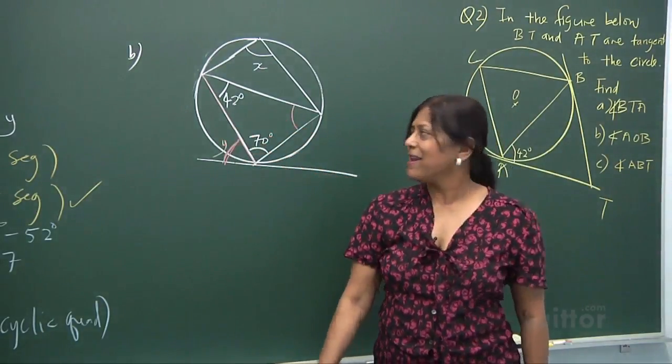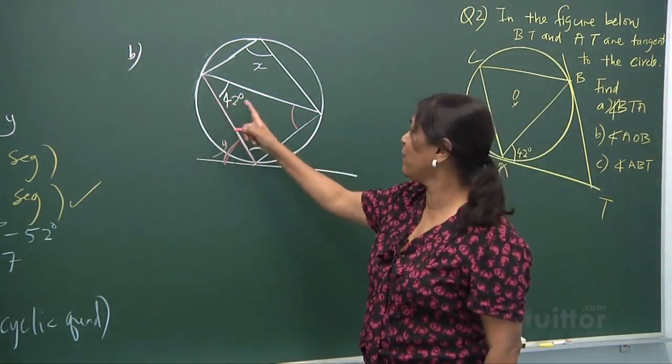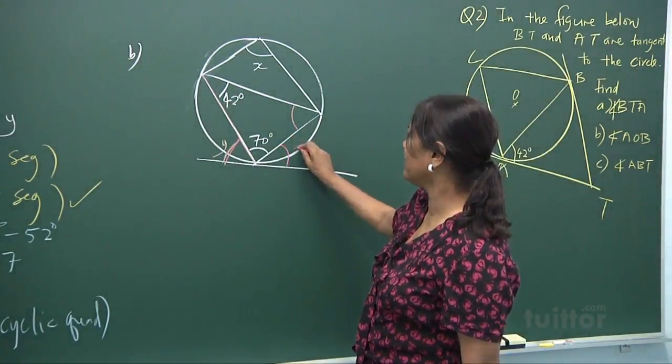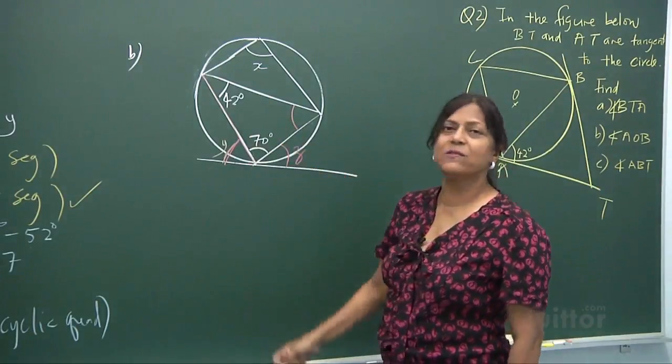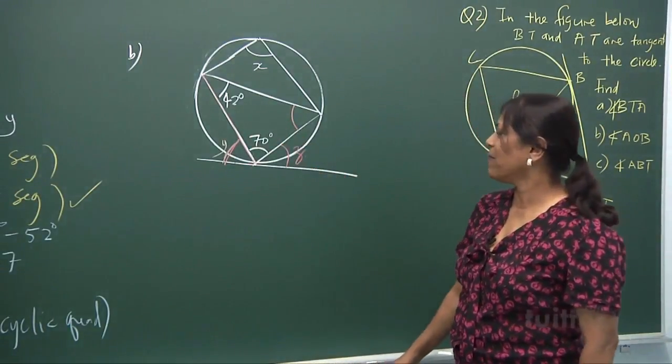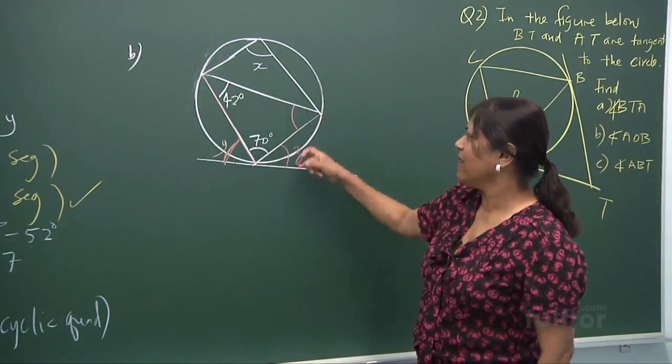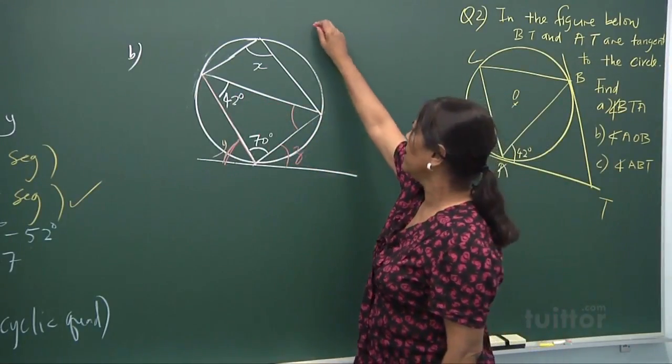It's not 42 degrees, because 42 will be here. If I call this Z, Z is 42 degrees, because Z is facing this line.